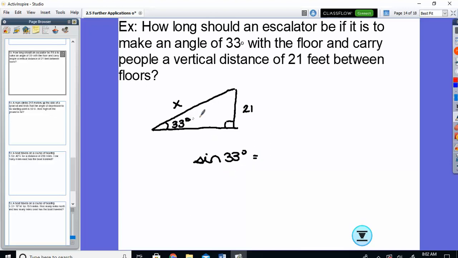So sine is opposite over hypotenuse, so the sine of 33 degrees is the opposite side, which is 21, over our hypotenuse, which is x. So then if we wanted to solve this, what would we have to do?